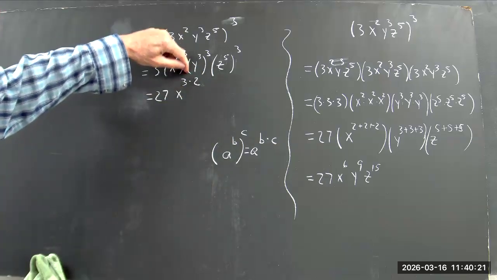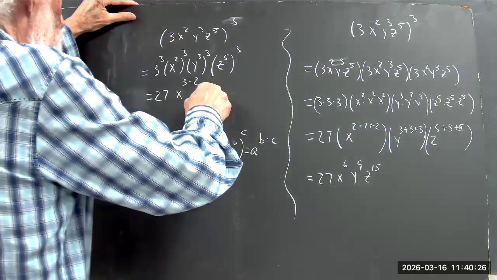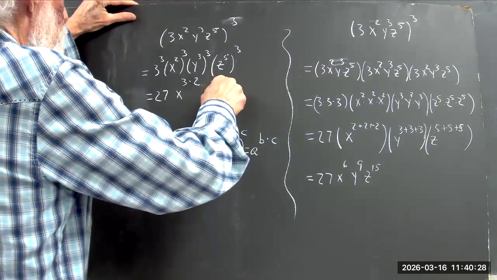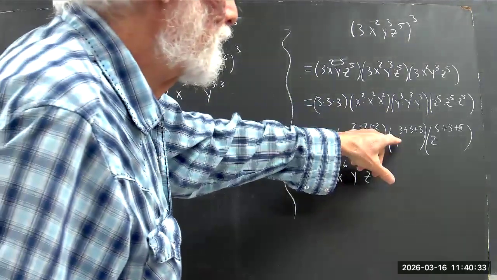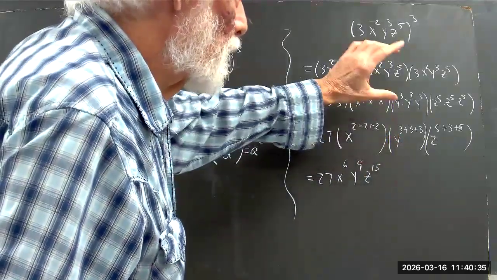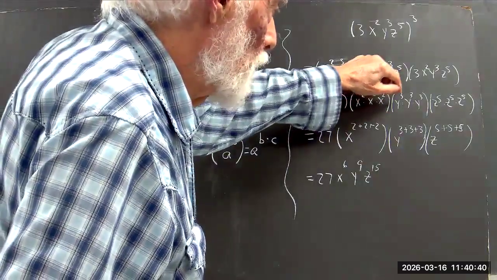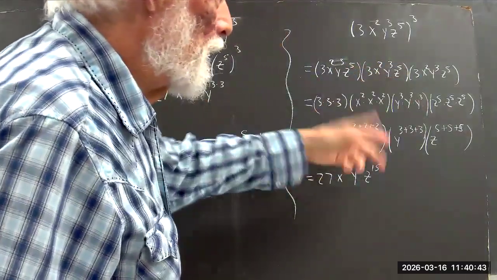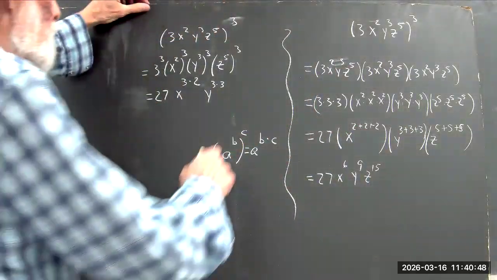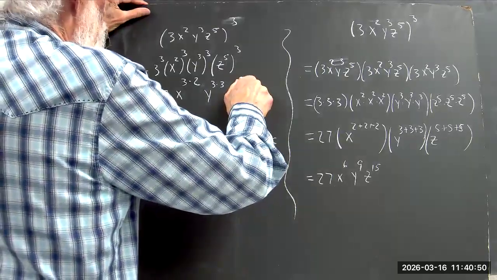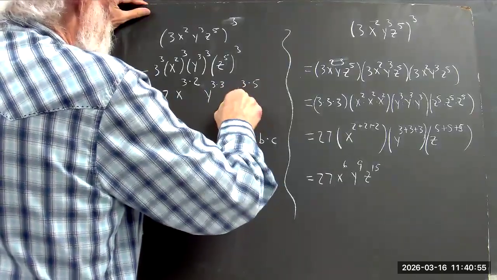Now we could use that rule here. Y to the third is y to the 3 times 3. Is that consistent? Well, over here on the first run through the problem, we had y cubed times y cubed times y cubed, and that's y to the 3 plus 3 plus 3. That's 3 times 3. Similarly, we're going to have z to the 3 times 5.